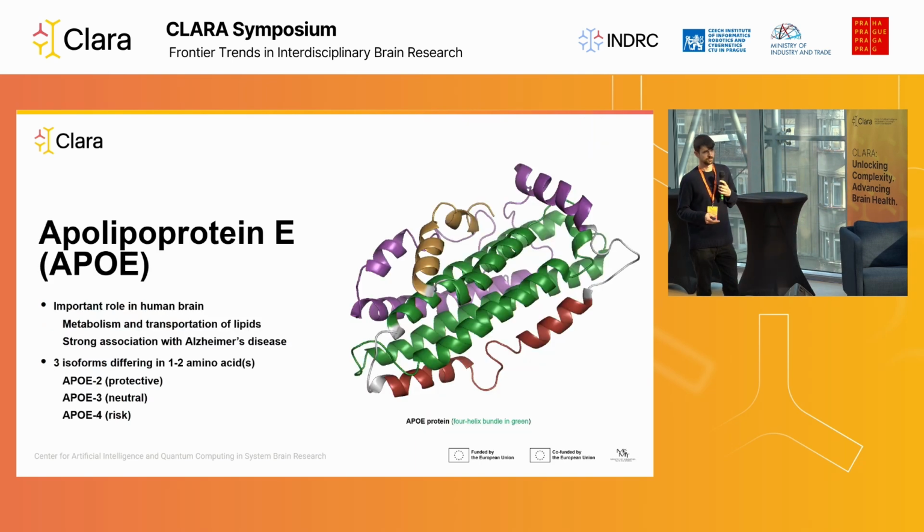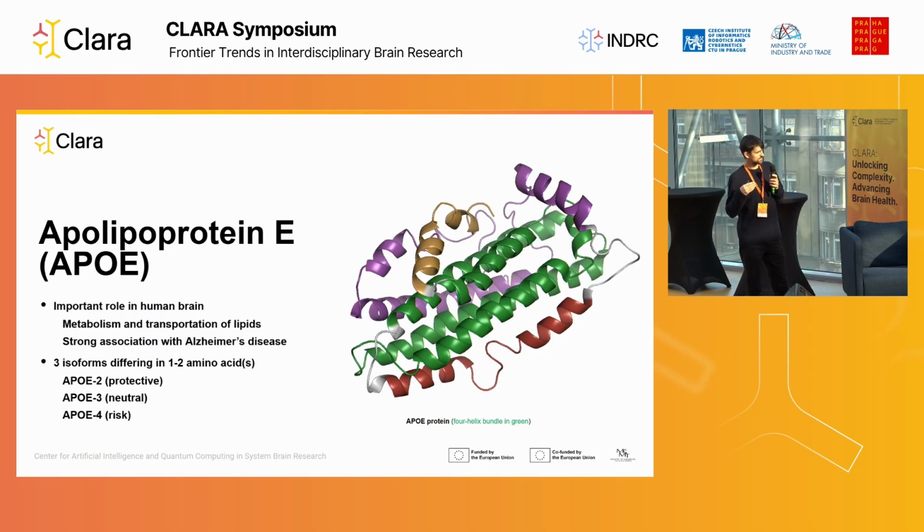An example of a drug target relevant in neurodegeneration, in particular for Alzheimer's disease, is apolipoprotein E, ApoE for short. The function of this protein is that it transports lipids to the cells in the body.